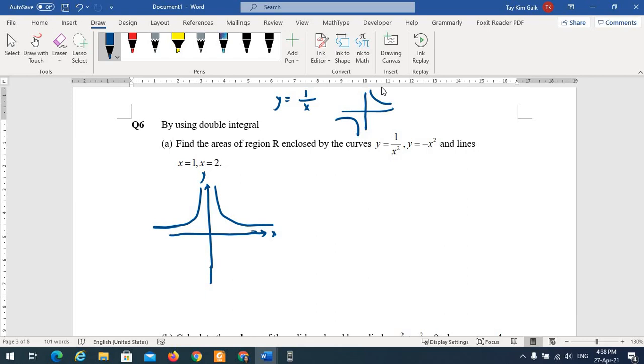Because when x approaches 0, 1 divided by 0 is infinity, that's why it goes up. And when x is a very big number, 1 divided by a very big number approaches 0 but never touches 0. For 1 over x squared, even though x is negative, you square it and get positive. That's why y is always positive. So this is the graph of y equal 1 over x squared.